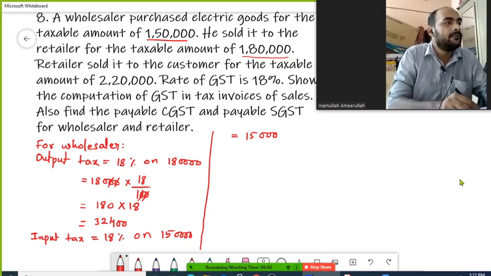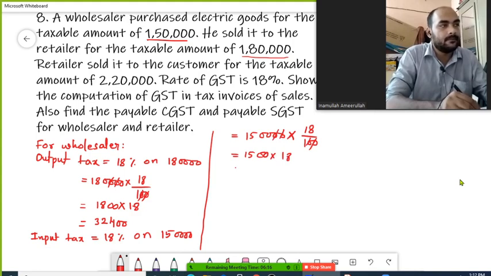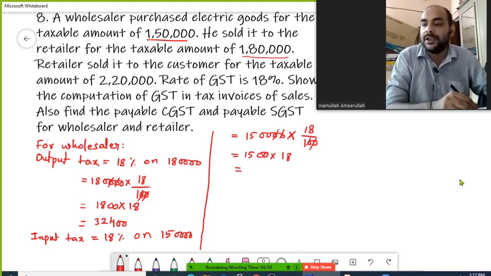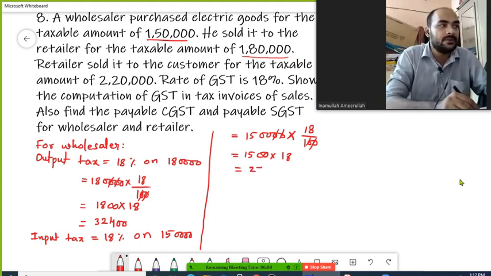So this is 1,500 into 18. 1,500 into 18 will give me 27,000.